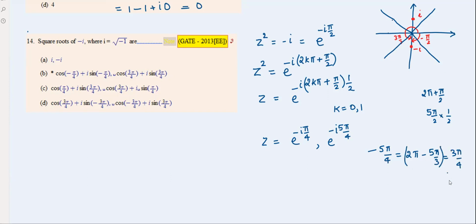These are the same angles. So you get cos minus pi by 4 plus I sine minus pi by 4, and cos 3 pi by 4 plus I sine 3 pi by 4. So this is the answer. Again, we have used De Moivre's theorem.